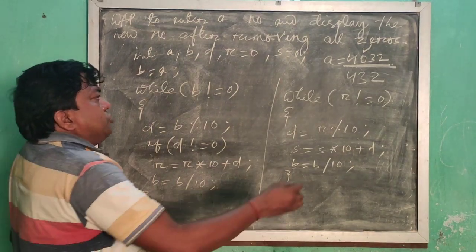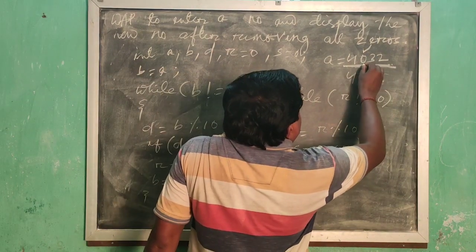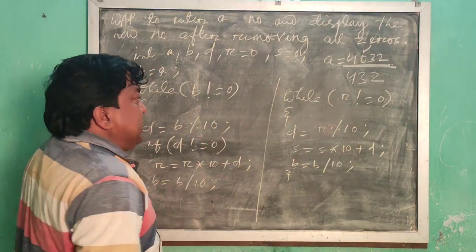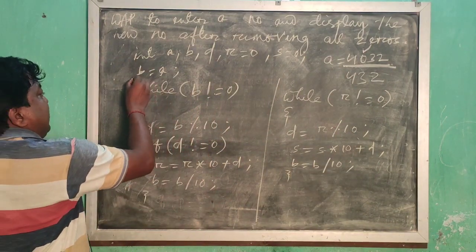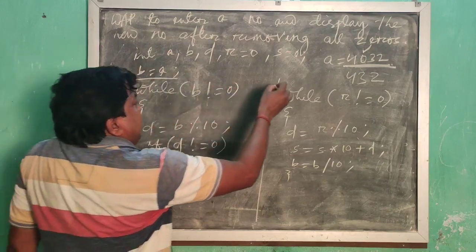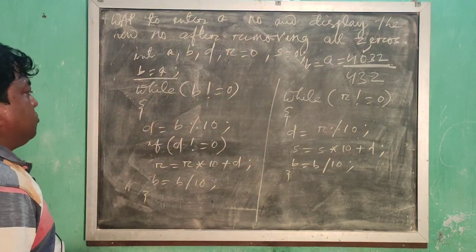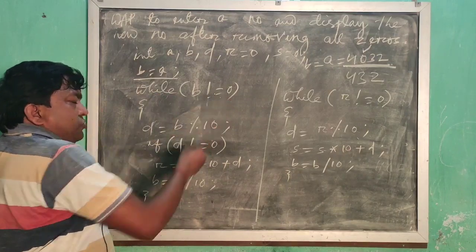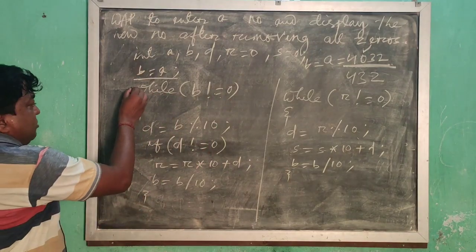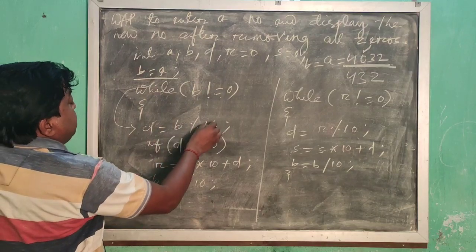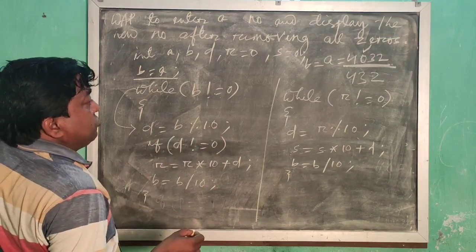See, suppose we enter a equal to 4032, then here we have written b equal to a, means b is also 4032. Then while b is not equal to 0, is it true? Yes. Then it goes through the loop, means d equal to b modulo 10, b is 4032.